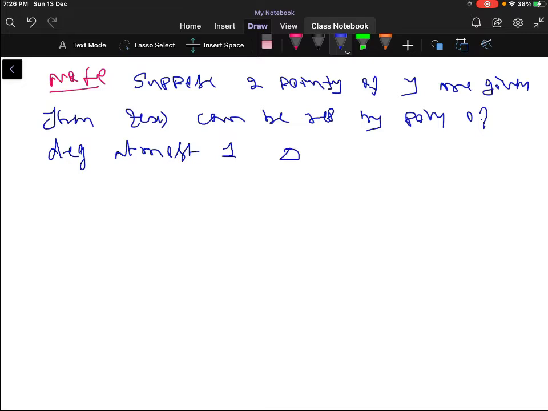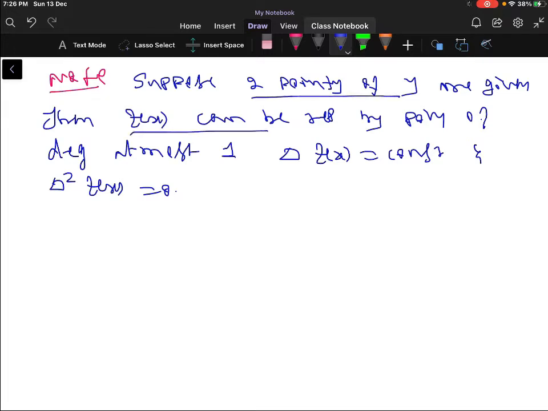Therefore, delta of f of x is constant and delta square of f of x is 0. So first forward difference of f of x is equal to constant, since it is being a first degree polynomial, and delta square of f of x equal to 0.